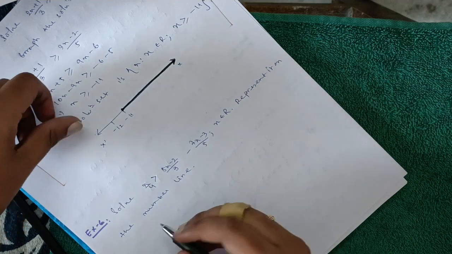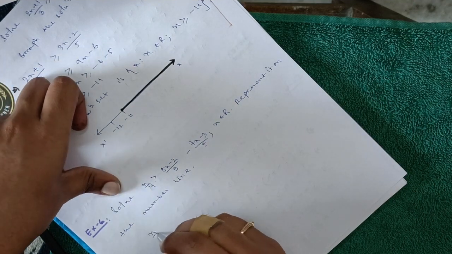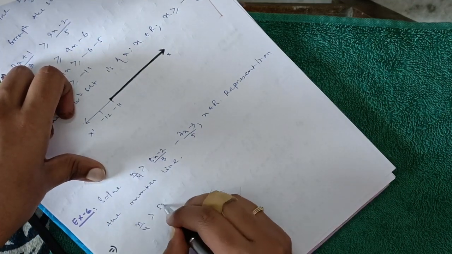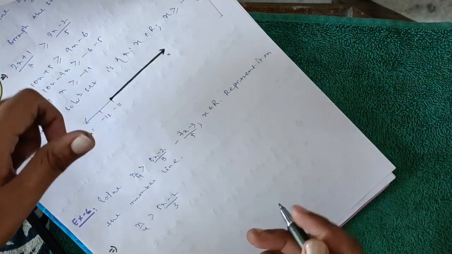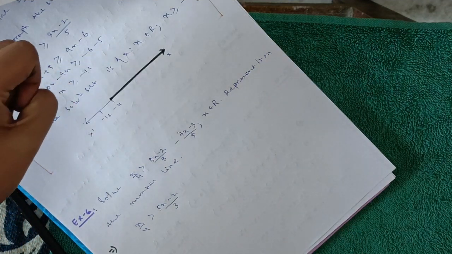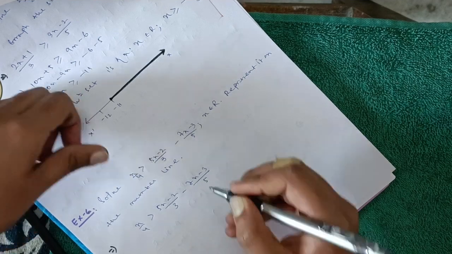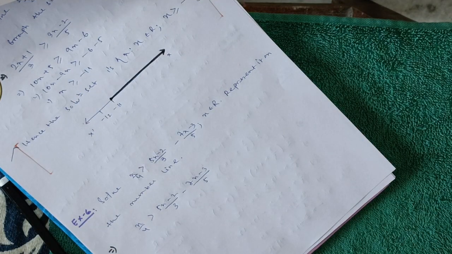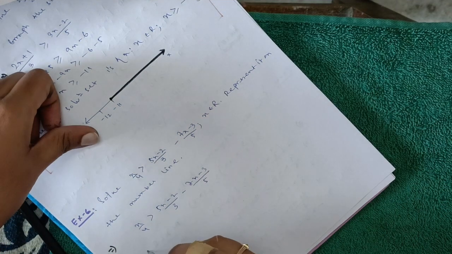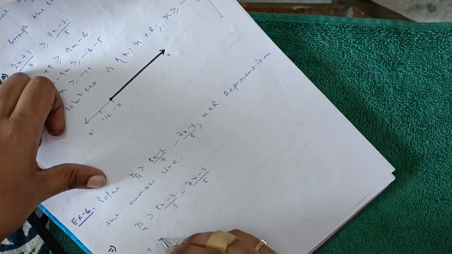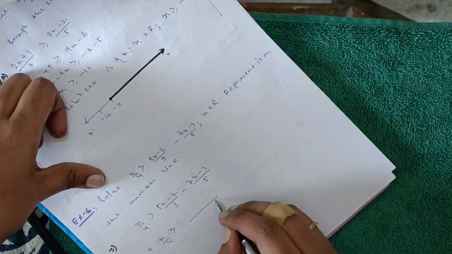Okay, to solve this one now, x by 4 minus 2. First take this one, then oh, 7x minus 3 by 5 is also there. Okay, it's a real number, represent on the number line. So let's first take the LCM 15.